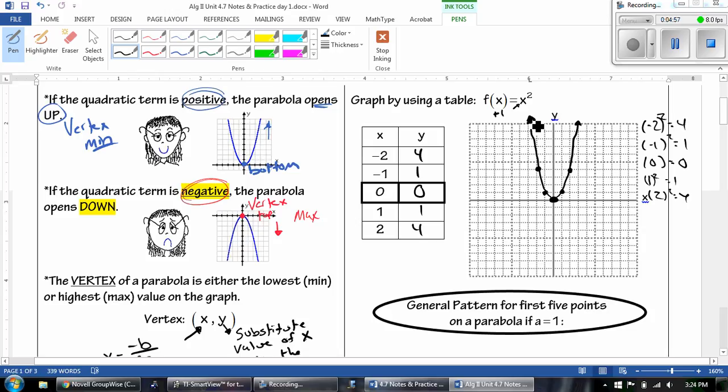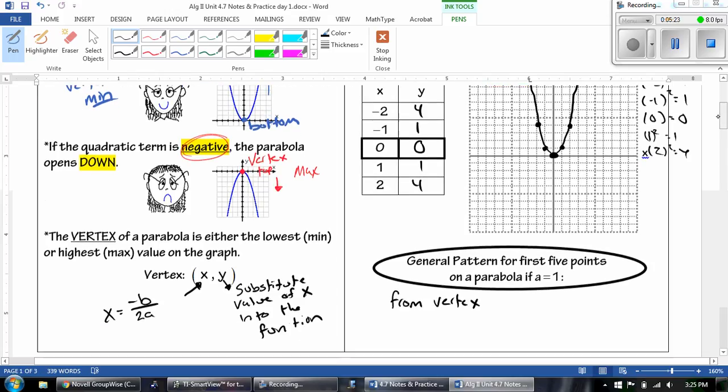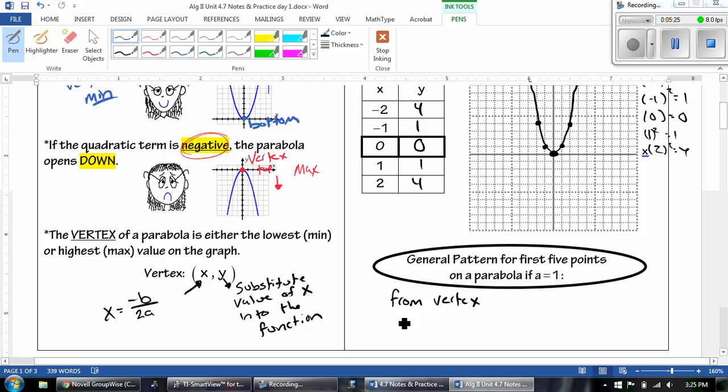Now, the general pattern for the first 5 points on a parabola, if a equals 1, and here our a equals 1, goes from the vertex, the vertex being the middle point, and this is how we get from the vertex to each point.